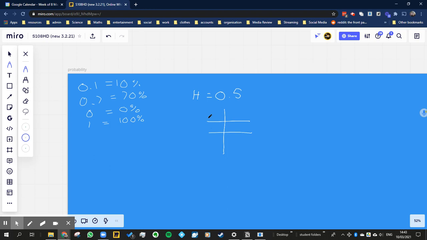This is our first event, and this is our second event. So this is the first coin toss, and this is the second coin toss. And these are the different eventualities, the different combinations.